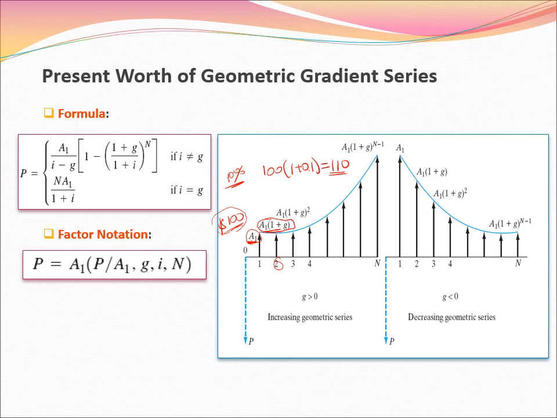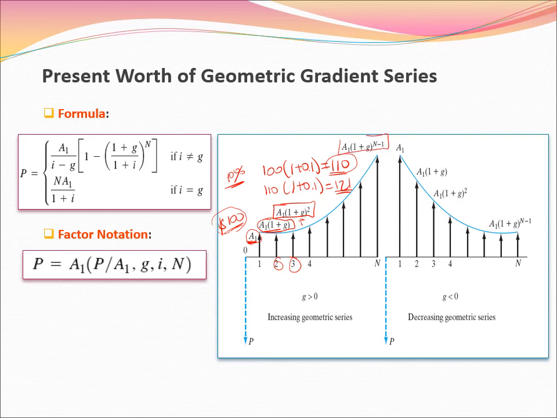And then at the end of the next year, we increase this amount, 110, again by 10%, and this time we earn A1 times 1 plus g, the rate of increase, squared. And it goes in this way.